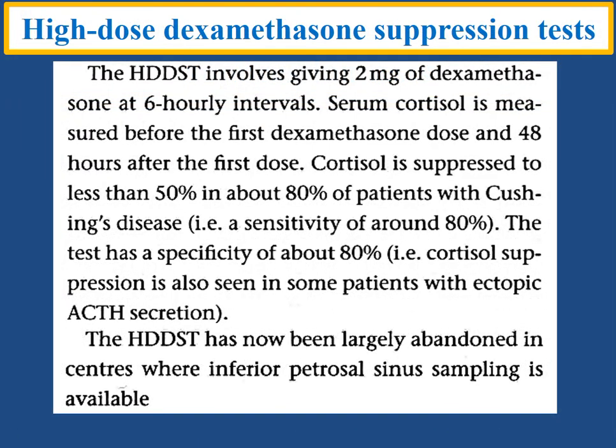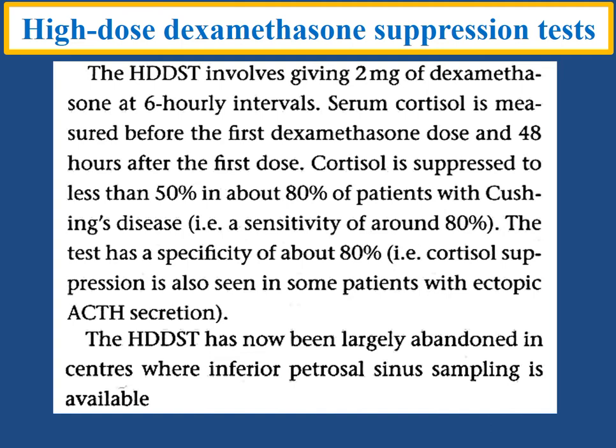The high-dose dexamethasone suppression test involves giving 2 mg of dexamethasone at 6-hourly intervals, and serum cortisol is measured before the first dexamethasone dose and 48 hours after the first dose. Cortisol is suppressed to less than 50% in about 80% of patients with Cushing disease, so the sensitivity is around 80%.